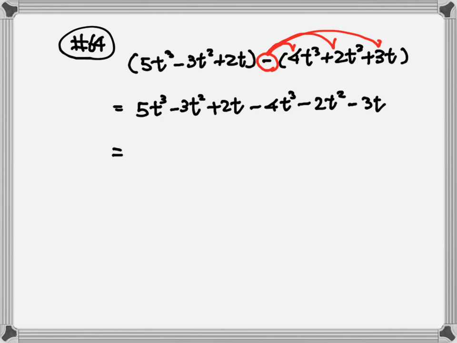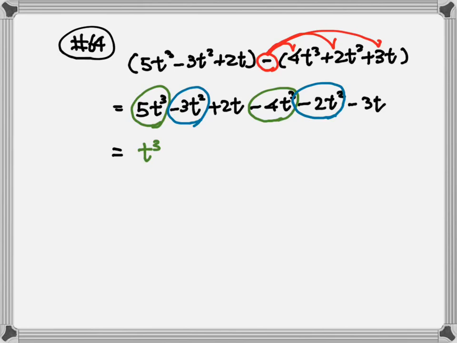After that, we are going to combine the like terms. So here 5t to the third power minus 4t to the third power will be t to the third power. Usually we don't write a 1. If you want to write a 1, it's okay. It doesn't matter. And next, here we have negative 3t squared minus 2t squared.